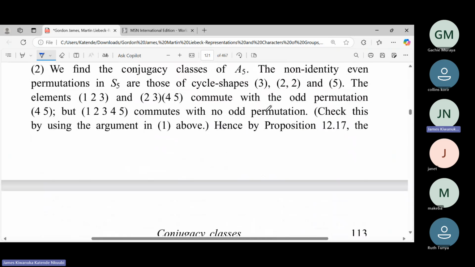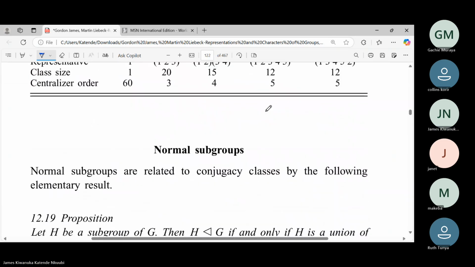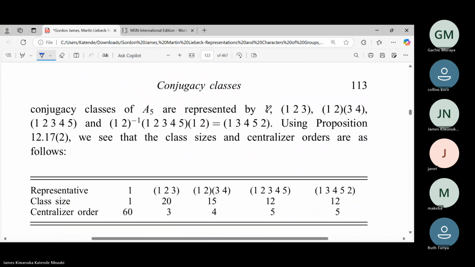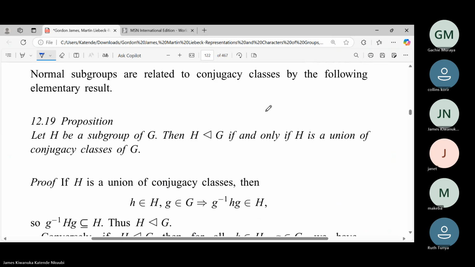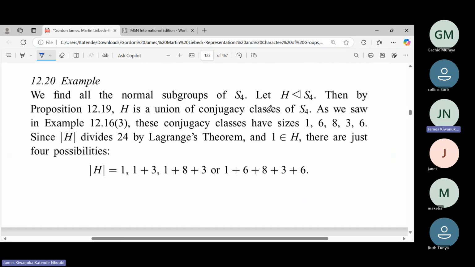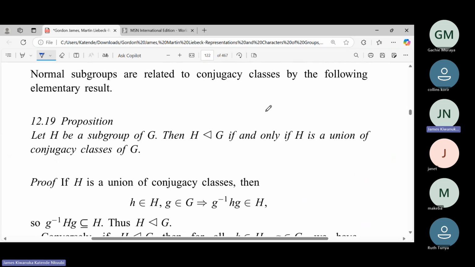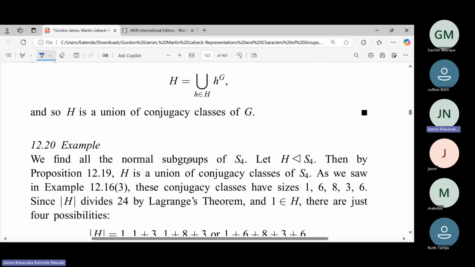Then you have a number of examples, plus the normal subgroup case. This one also says that any normal subgroup must be a union of conjugacy classes. Again, I'll leave that to you.